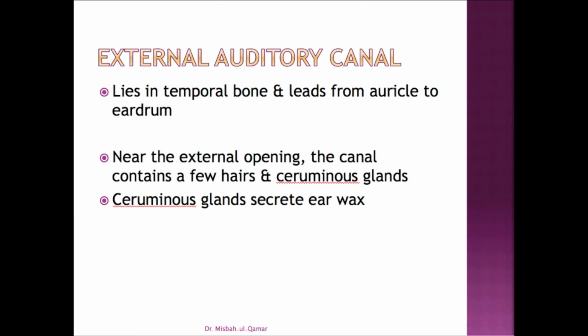Moving on to the external auditory canal, this is a curved tube of around 2.5 centimeters long, covered by epidermis and lined by simple cuboidal epithelium. It lies in the temporal bone, and it leads from the auricle to the eardrum.